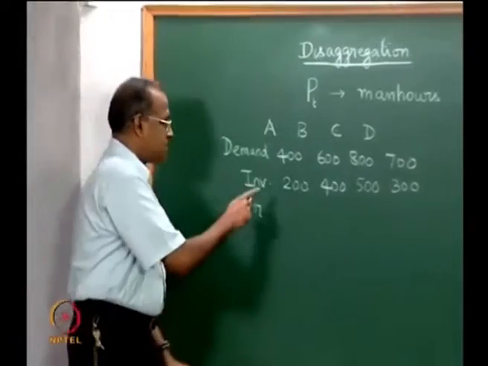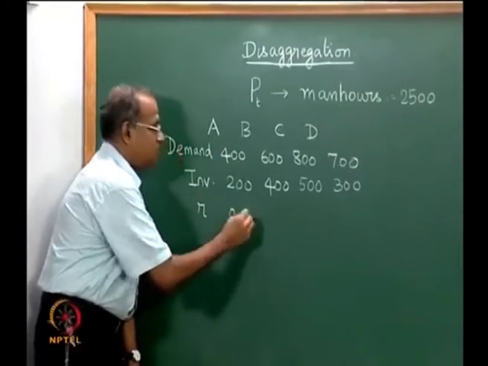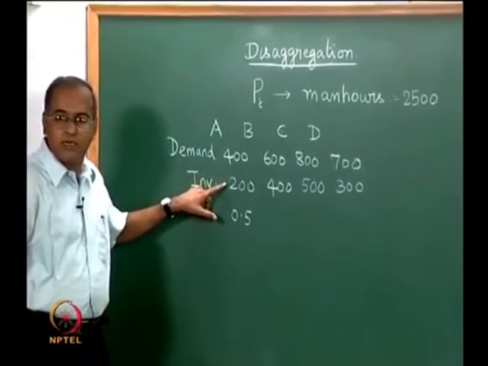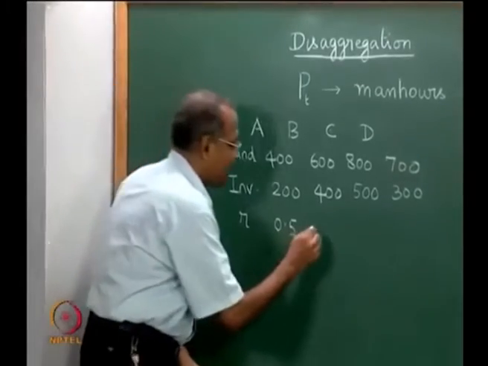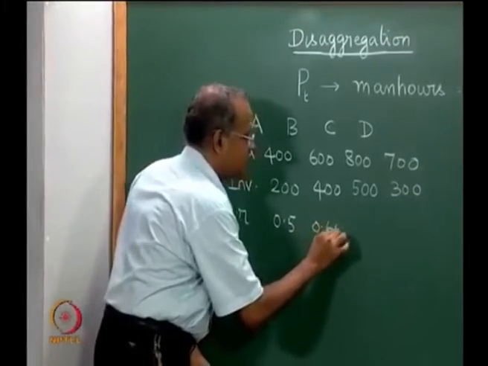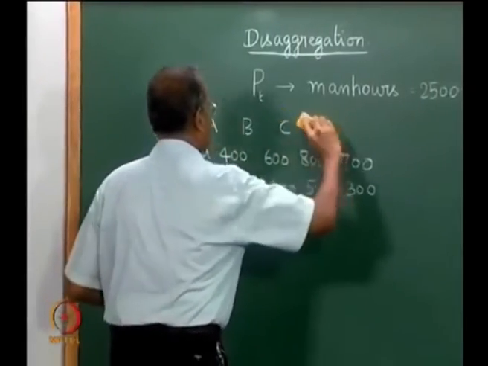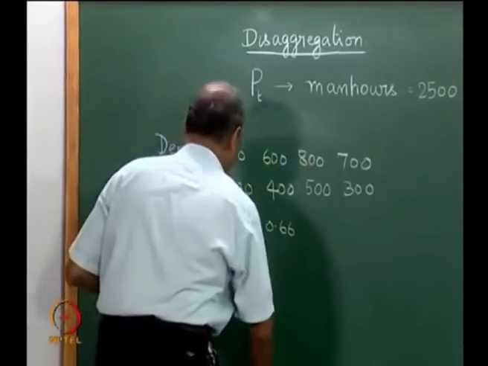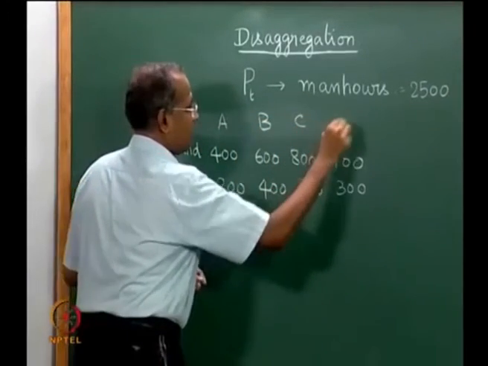So when we divide this 200 divided by 400, which is 0.5. So this 200 is equivalent of 0.5 months of inventory of this item. This is equivalent of 0.66 months of inventory of B. So let me write A, B, C, D. So this is A, this is B, this is C and this is D.